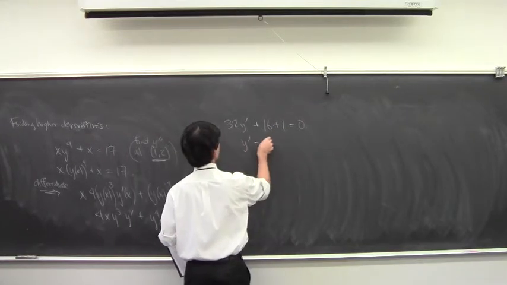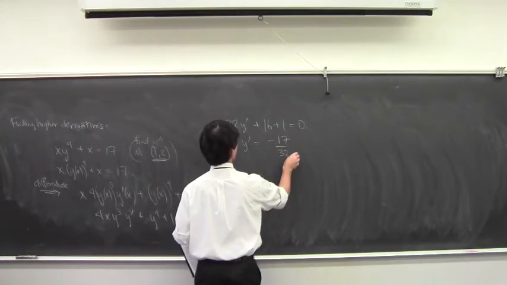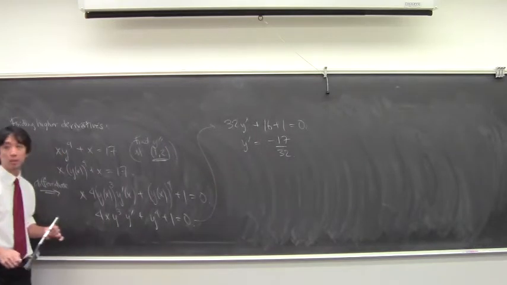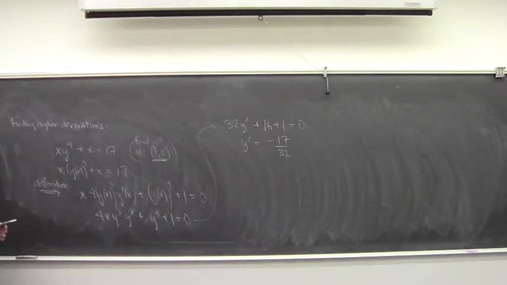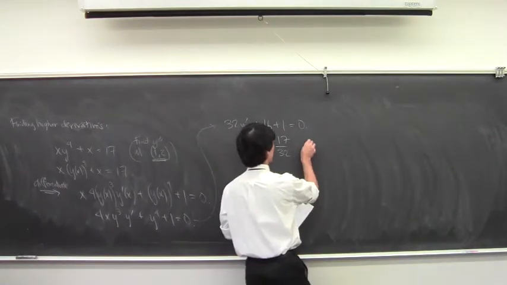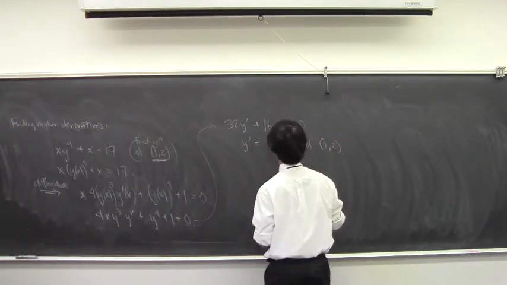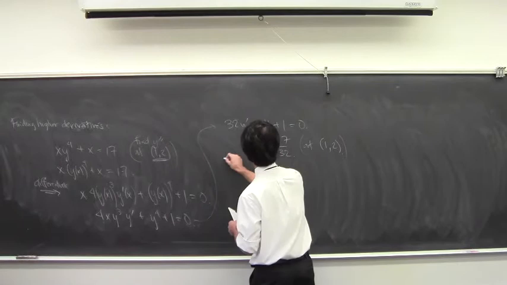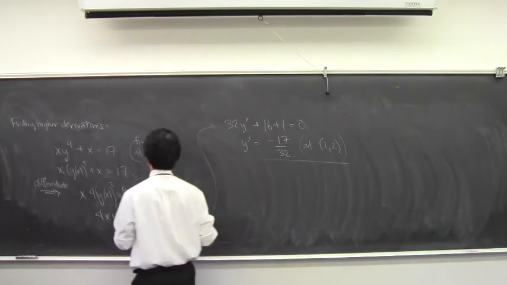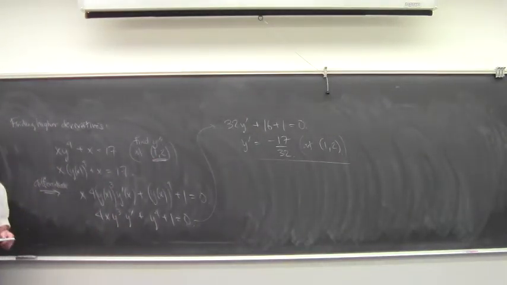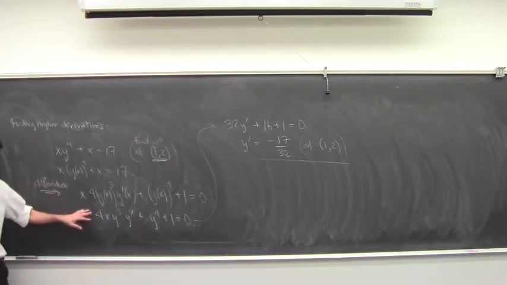And so y prime is -17 over 32, at the point (1, 2). So far, all we've done is the same thing as we did before.